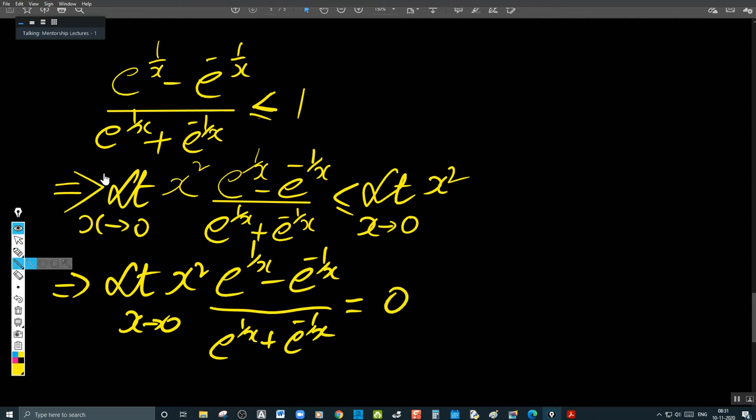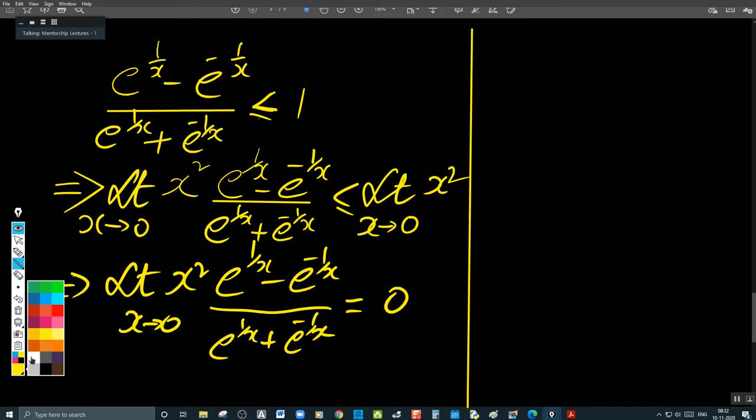Okay, why have I taken a separate page for this? I'd like to remind you, we did such problems already. I'd like to remind you of the existence of the limit of this function without x square. Without x square, please.